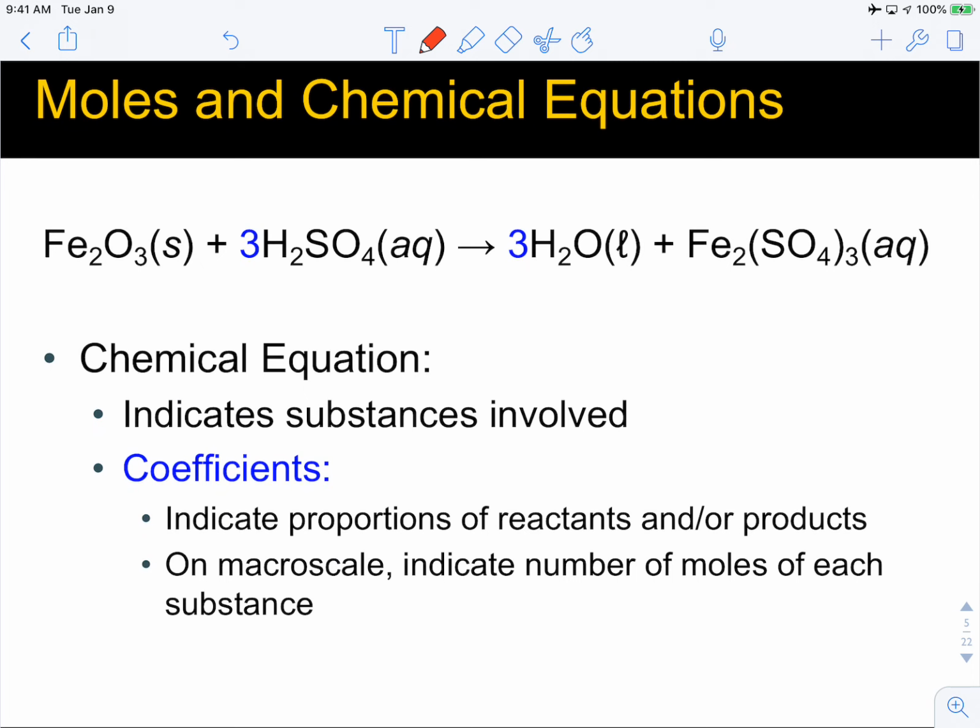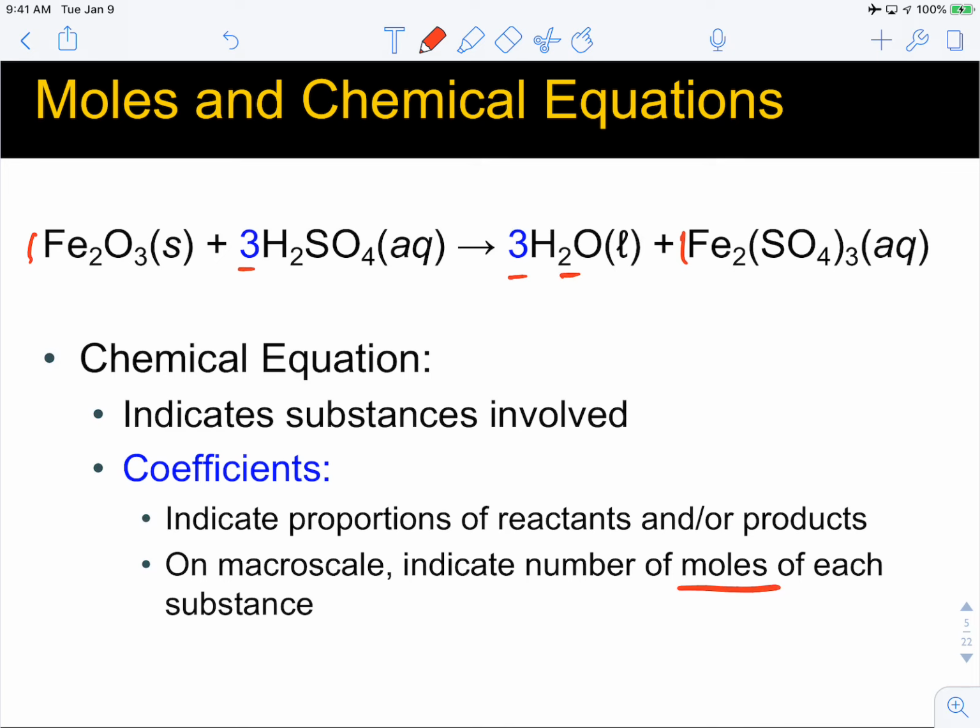Now, what these reactions are basically are recipes, and what this is telling us is that one of these substances reacts with three of these substances to produce three of these substances and one of these substances. Okay, that is what these coefficients mean. Now, on a macro scale, if you're looking at a large scale reaction, it also translates to the number of moles. So it's the number of formula units, if you will, or in some cases molecules when it's a molecular compound, such as this.